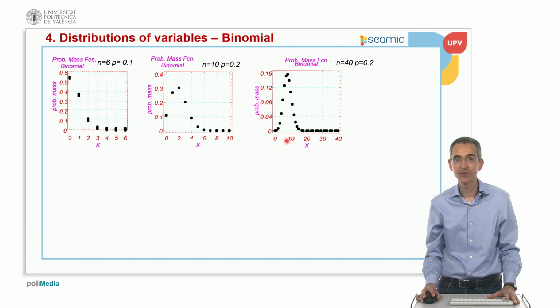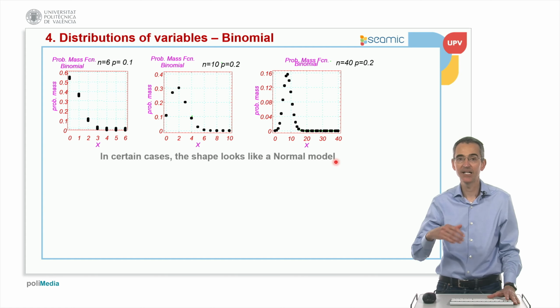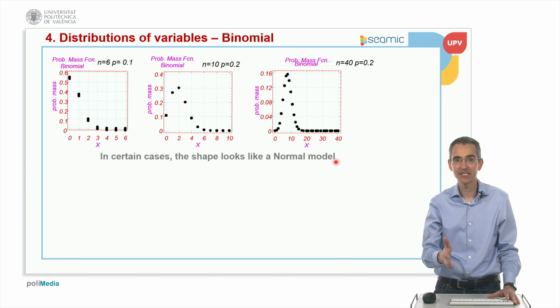Okay, and here we can see that the shape more or less resembles the bell of Gauss. It resembles more or less a normal distribution. So in certain cases, the shape of the probability function looks like a normal model. In those cases, we will be able to compute probabilities of a binomial, assuming that it can be considered similar to a normal.